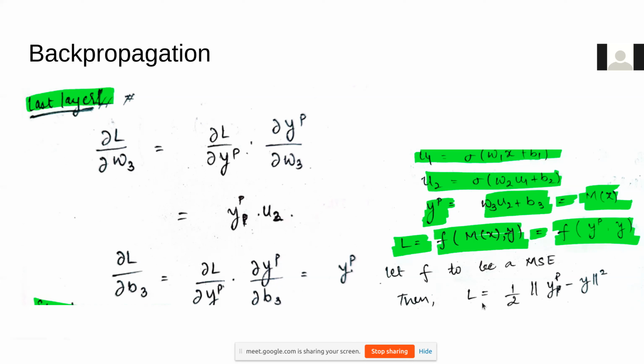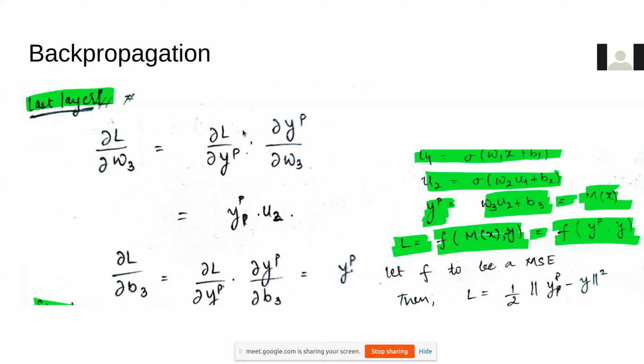Let's look at what the loss function is. So loss is a function of the predicted value and the true value. And this predicted value is a function of weight W3 and bias B3. So to differentiate L with respect to weight W3, first L has to be differentiated with respect to yp, and then this yp has to be differentiated with respect to W3.